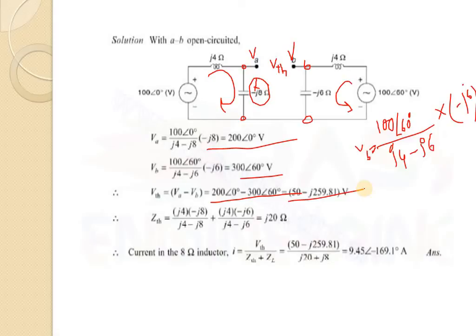I have already said that when we calculate ZTh, we have to remove all the sources present in the network and the sources will be replaced by their internal resistance. That means a voltage source has internal resistance near about 0, so the path will be shorted, and if it was a current source, then the path will be open. Here we have two voltage sources, that means both paths will be shorted. So the circuit becomes like this.